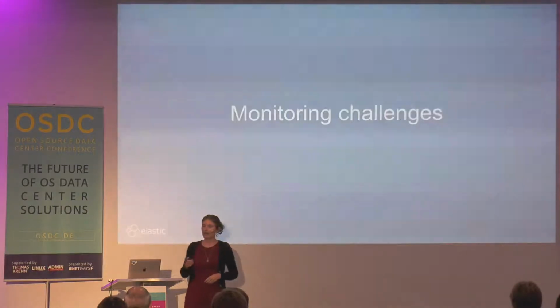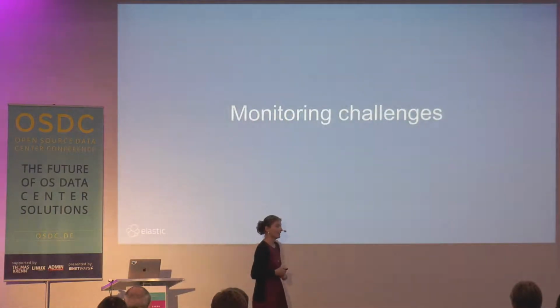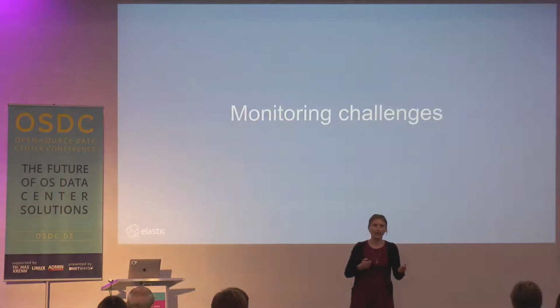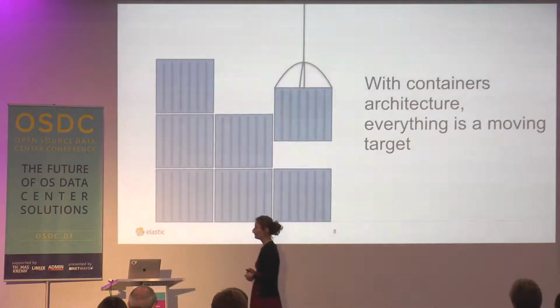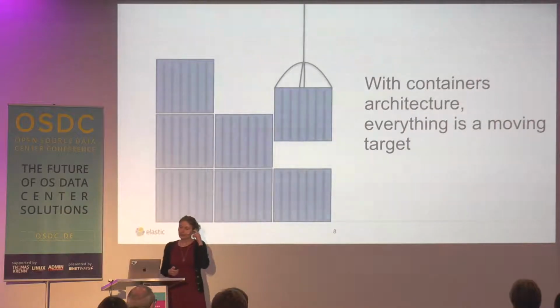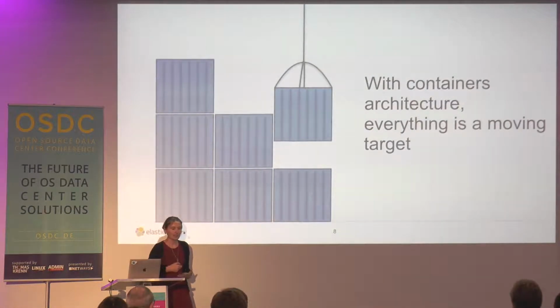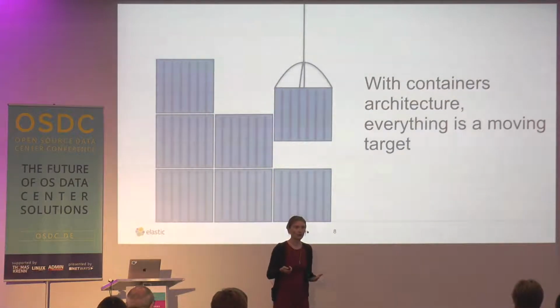Before that, I would like to take a moment and go through all the challenges that a monitoring system has when it has to monitor Kubernetes. The first one, and the most important one, is that in Kubernetes, everything is a moving target, because it's easy to create and delete pods whenever you need to.